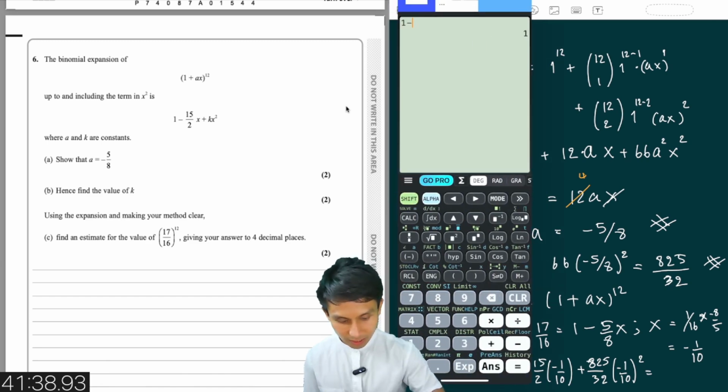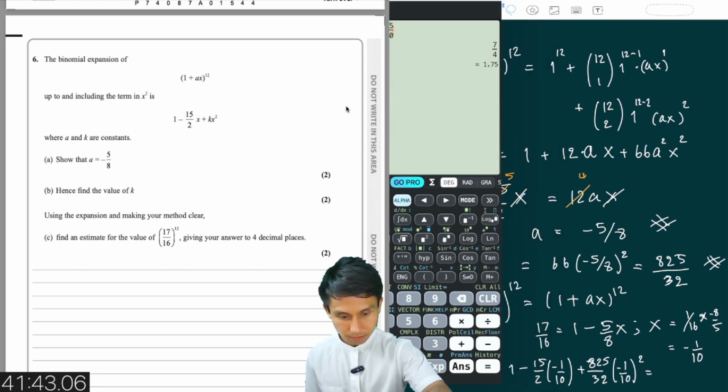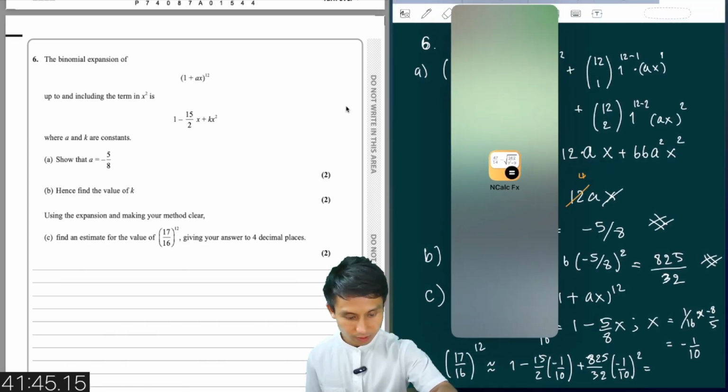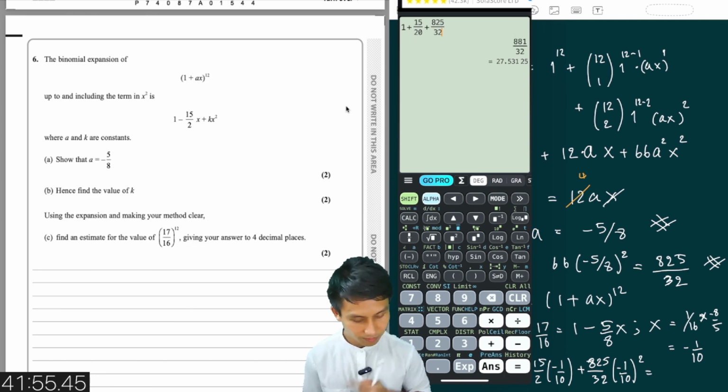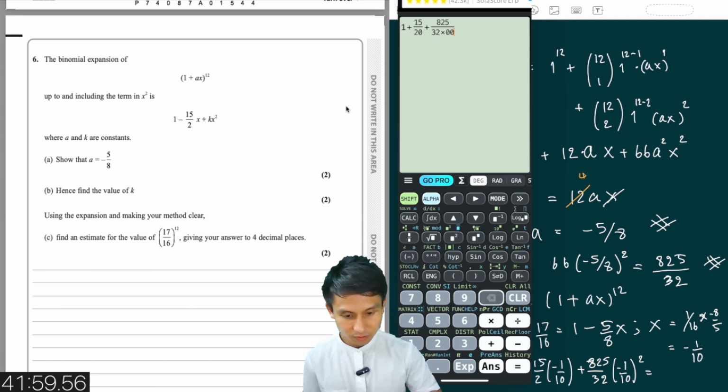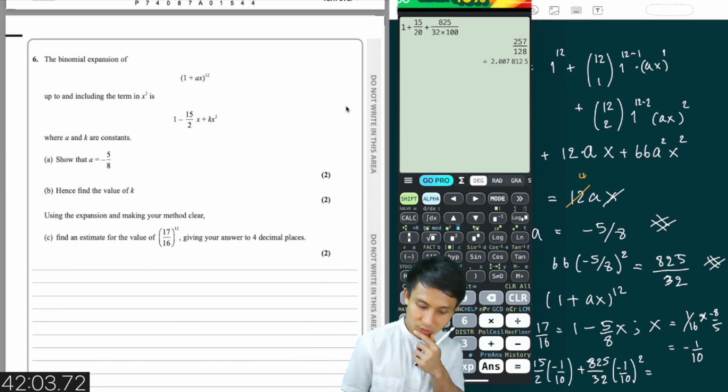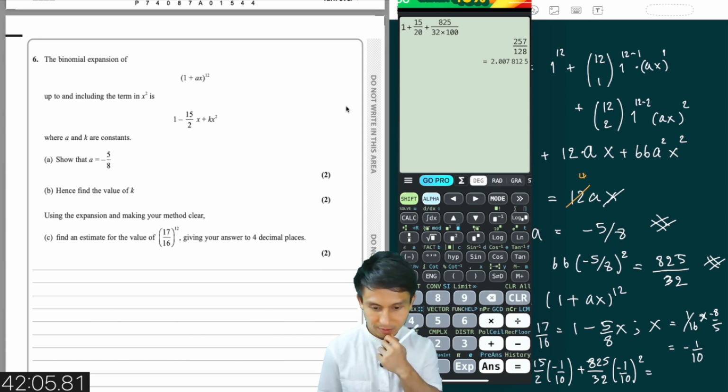Just calculating that all. 15 over 20, and then plus 825 divided by 32, and then that would be times 100 there, because that's 1 over 10 squared, and the minus goes away.